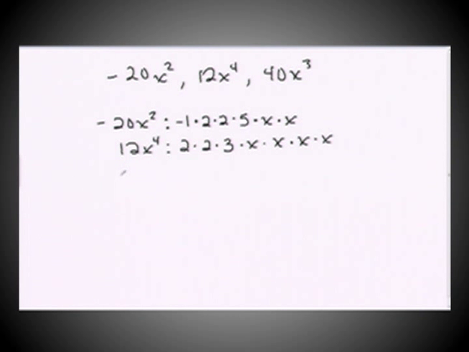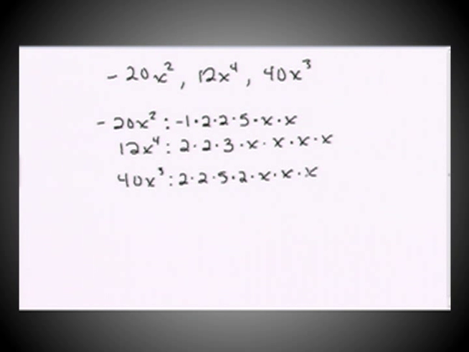And finally, we have 40x cubed, which written as a prime factorization would be written 2 times 2, which is 4, and then we multiply that 4 by 10, which is also written as 2 times 5. And then we have 3 x's to multiply in as well.